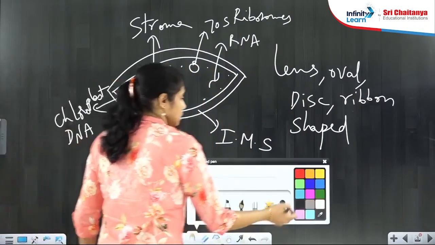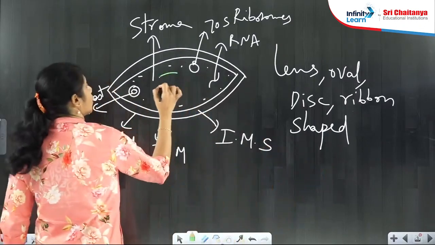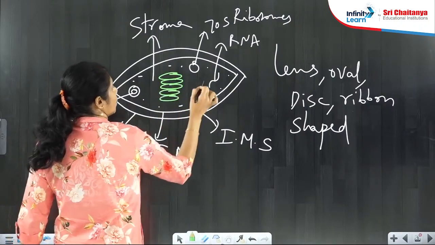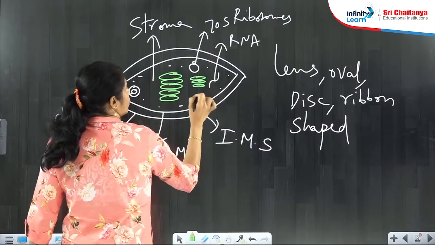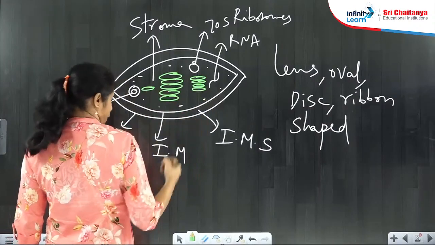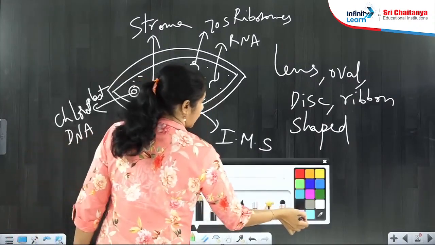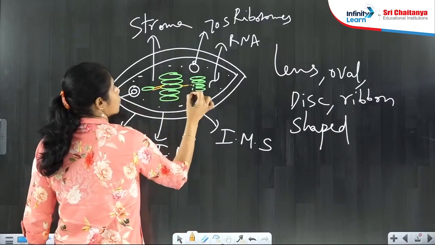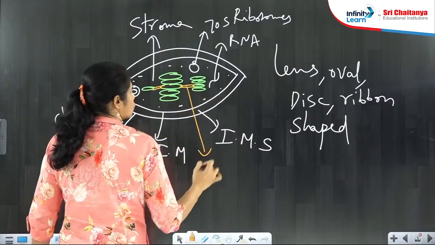But again in this, we have thylakoids. Each one is a thylakoid. And these thylakoids are connected by stroma lamellae. These are called stroma lamellae.